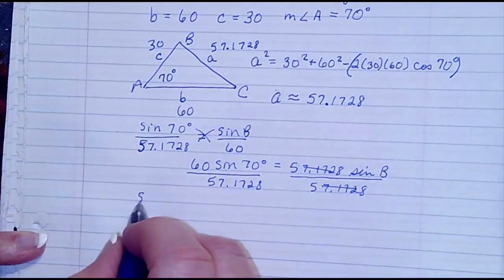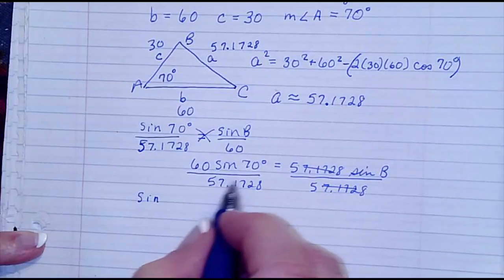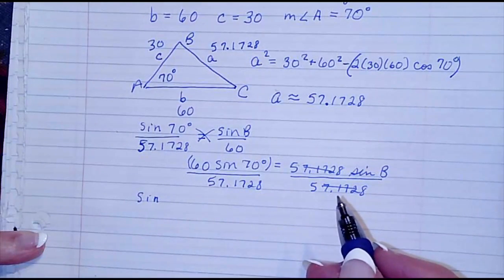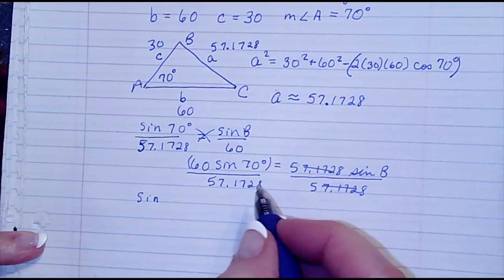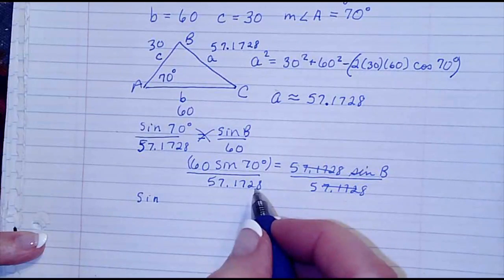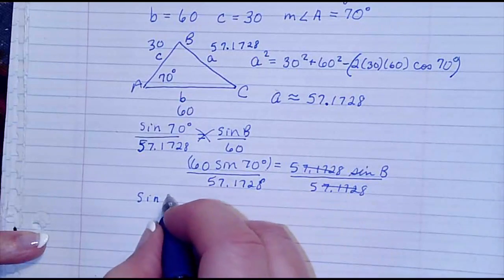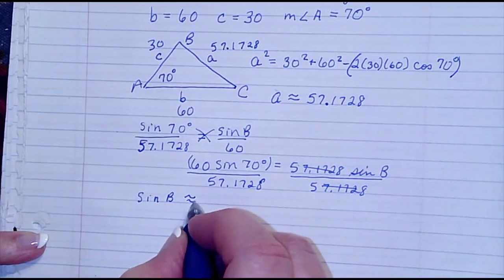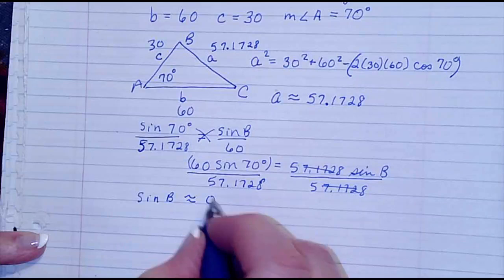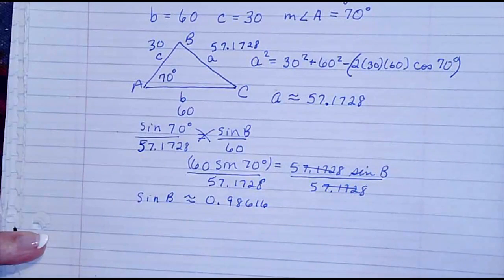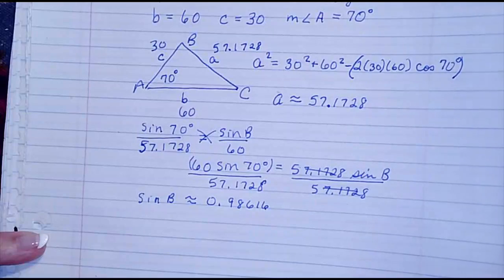Again, you don't have to, but I would encourage you to put parentheses around your numerator: parentheses 60 sine 70 parentheses, divided by 57.1728. So we get sine of B is approximately 0.98616. Did everybody get that? Give everybody a chance to try that on your calculator.